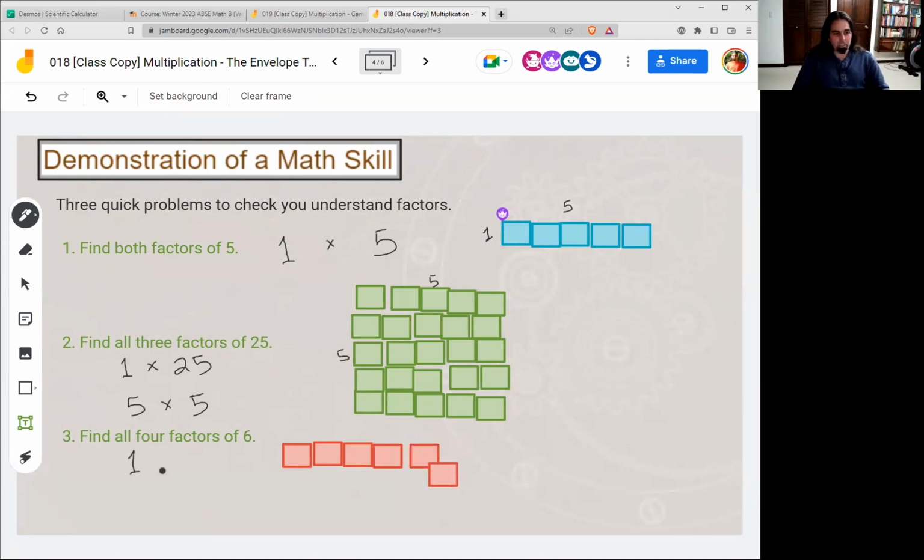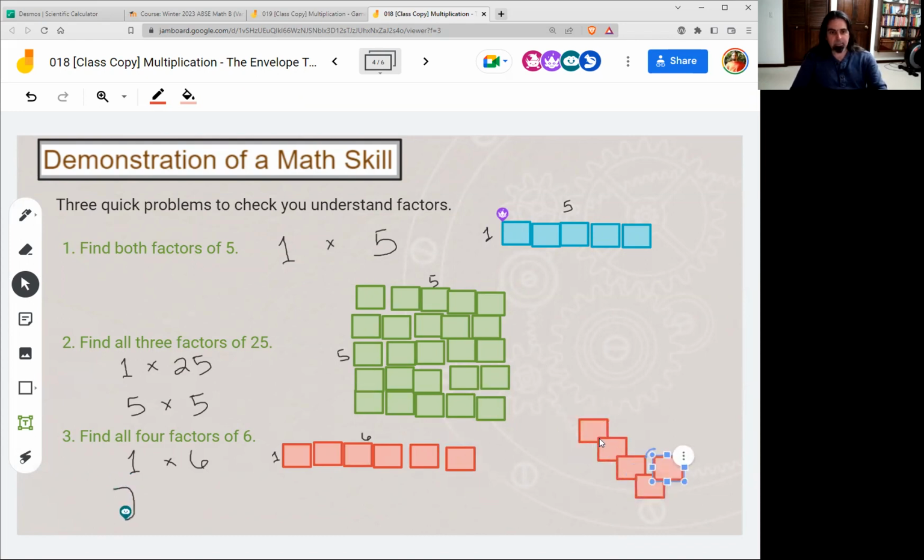Yes, 1 times 6 will work. What's another way to use 6 blocks to make a rectangle? Perfect.